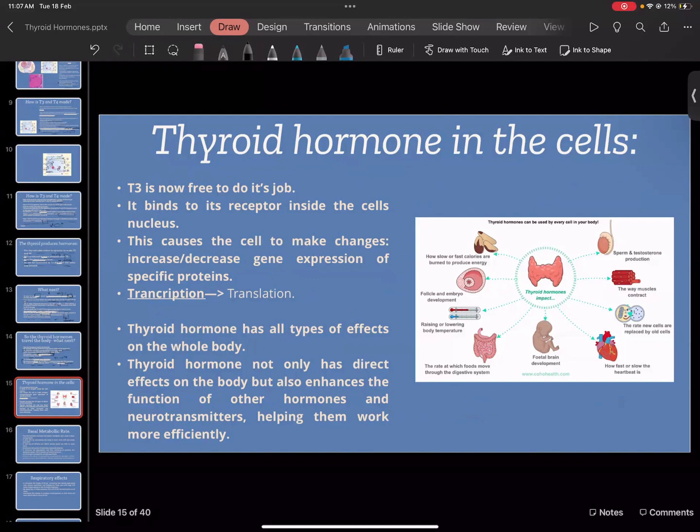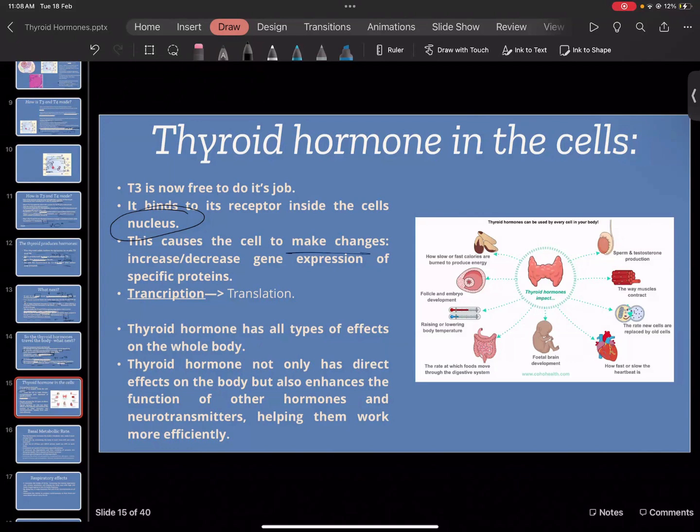It binds to the receptor inside of the cell's nucleus. This is really important. It's a nuclear receptor. It's important because sometimes they ask you which hormone has a receptor inside of the nucleus, and which hormone has a receptor outside of the cell. That kind of thing is really important, so you guys should focus on that.